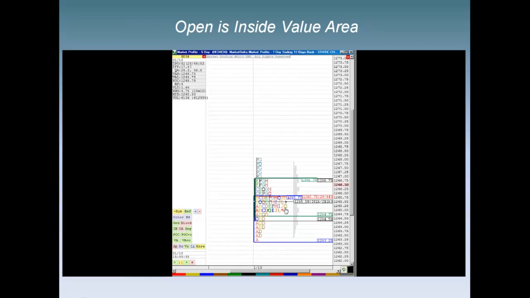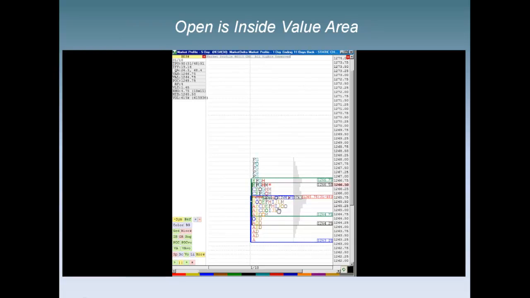And notice we continue in this tight, narrow range around the point of control. This is what a non-trend day looks like. No directional moves, very tight movement, not really a lot of opportunity in the market.